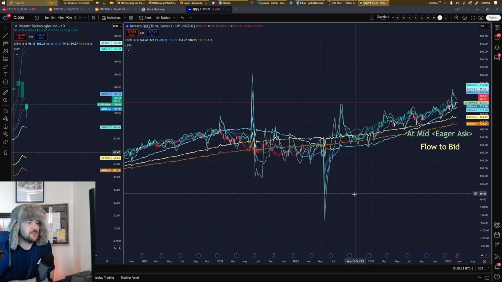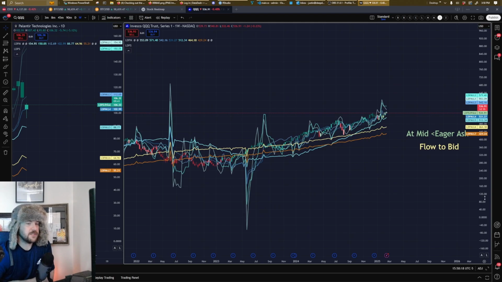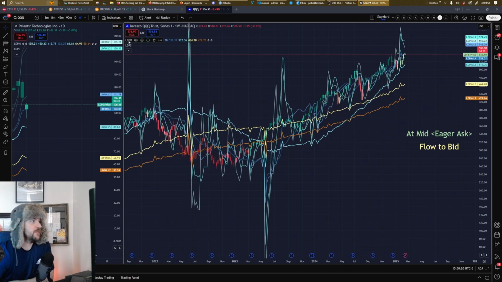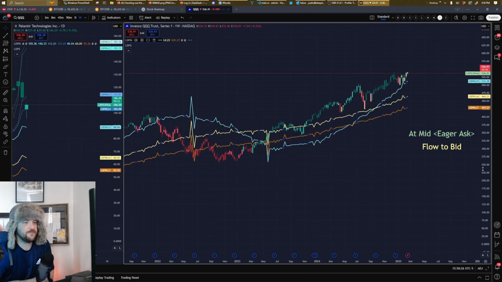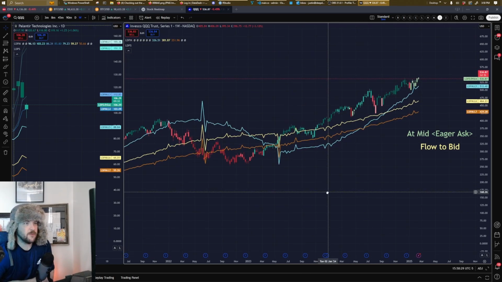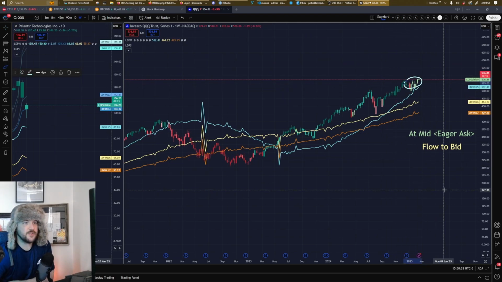Sometimes if I'm looking for a big picture view, I'll take the lower order LDPMs off, because if we're just trying to get the gist, this is fine, right? We can see that as we're peaking, we're starting to lose some liquidity.